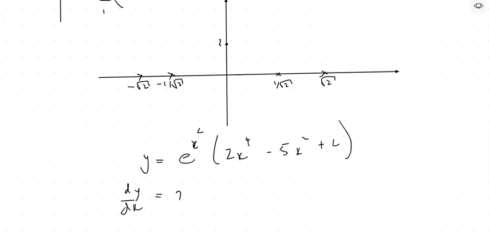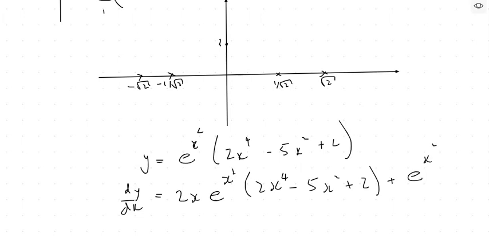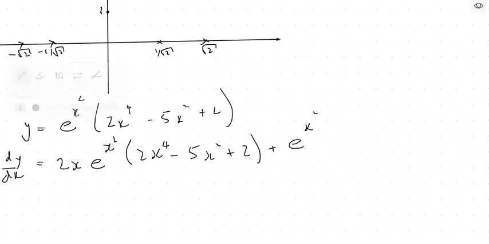So we have 2x times this thing again, so this is differentiating this, keeping this bit, plus keeping the other bit, and differentiating the polynomial. So that is 8x cubed minus 10x.